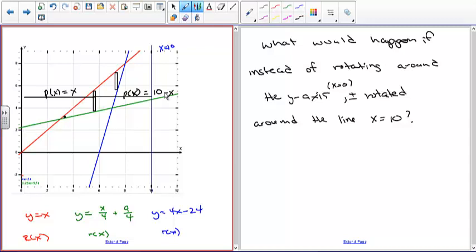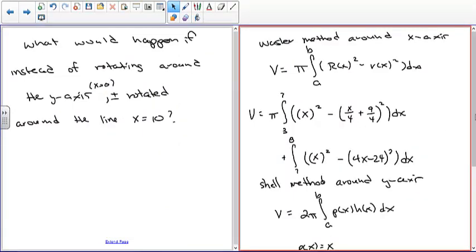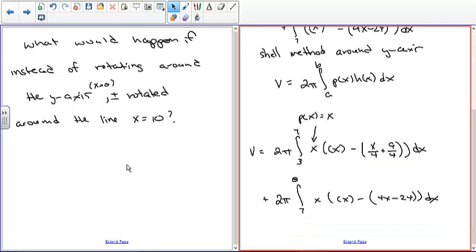So if I look at my solutions here from my previous one, how do these equations change by rotating around a vertical line of x equals 10 instead of x equals 0?